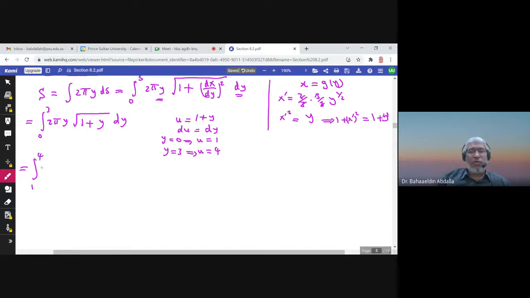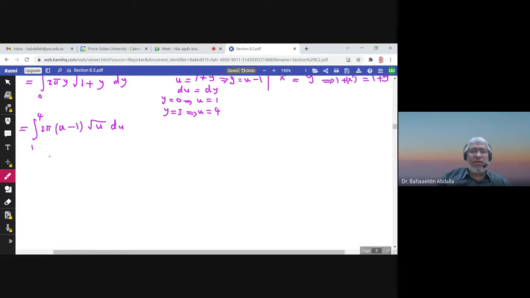from 1 to 4, 2 pi, y from here is u minus 1, times square root of 1 plus y, which is u, dy is du, and this is a very easy integral now.